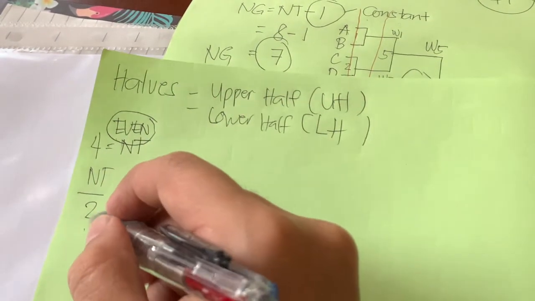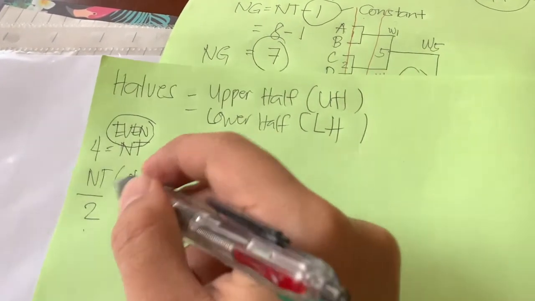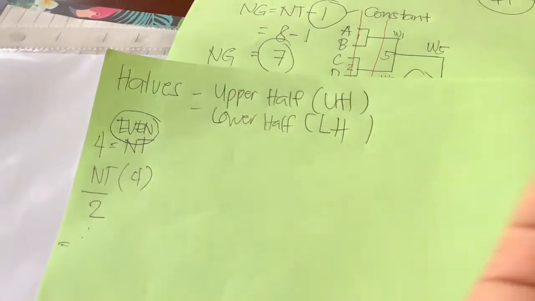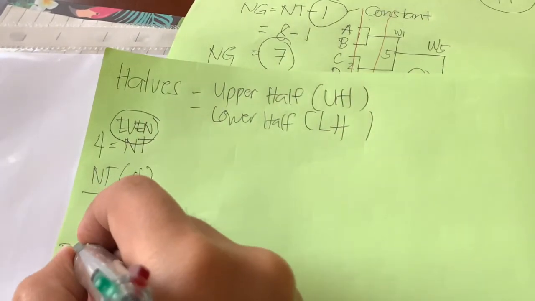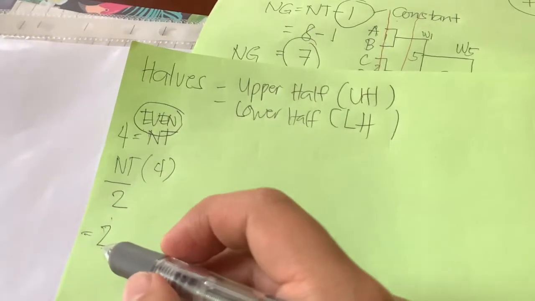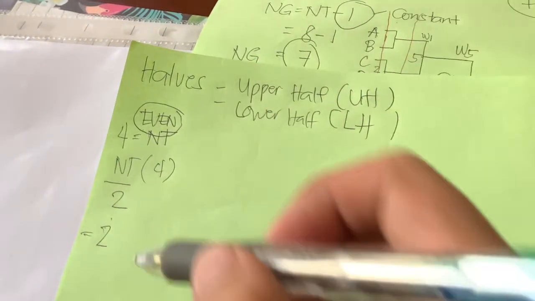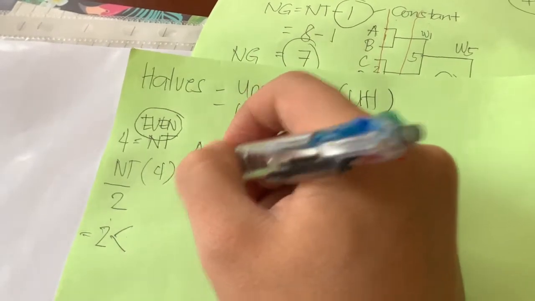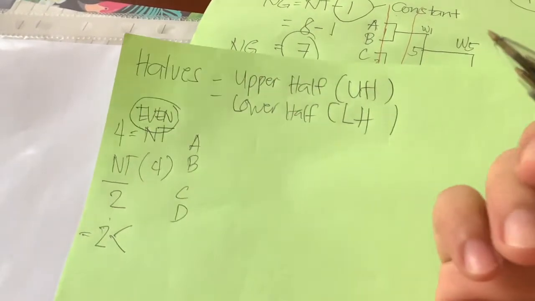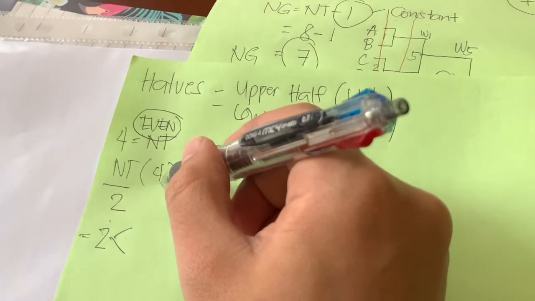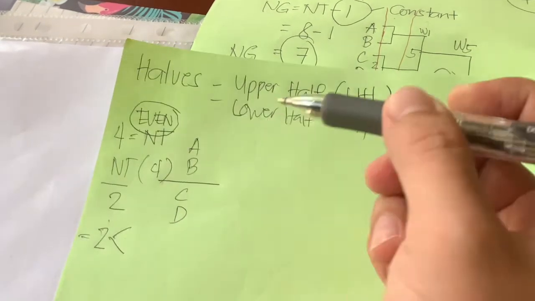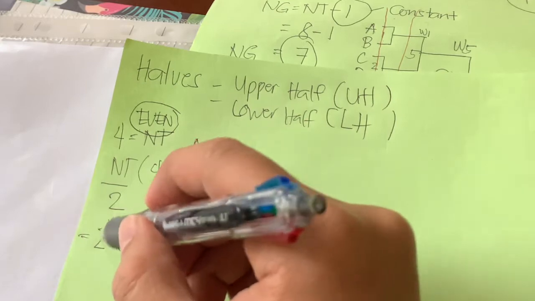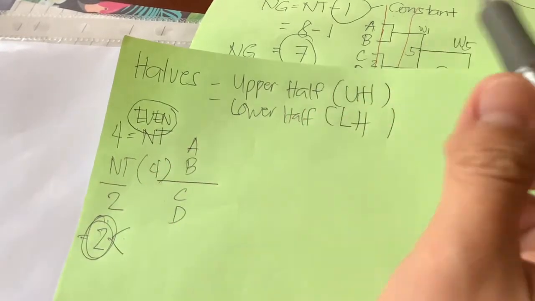So it will be 4 divided by 2 means 2. So 2 teams would be upper, 2 teams would be lower. So A, B, C, D, 4 teams. So if I'm going to split it into half, upper team is 2, lower team is 2.